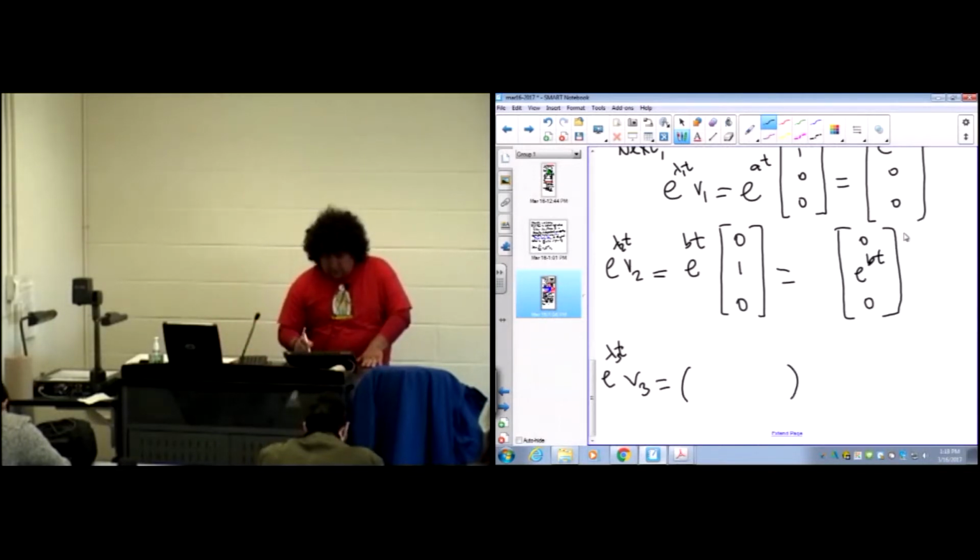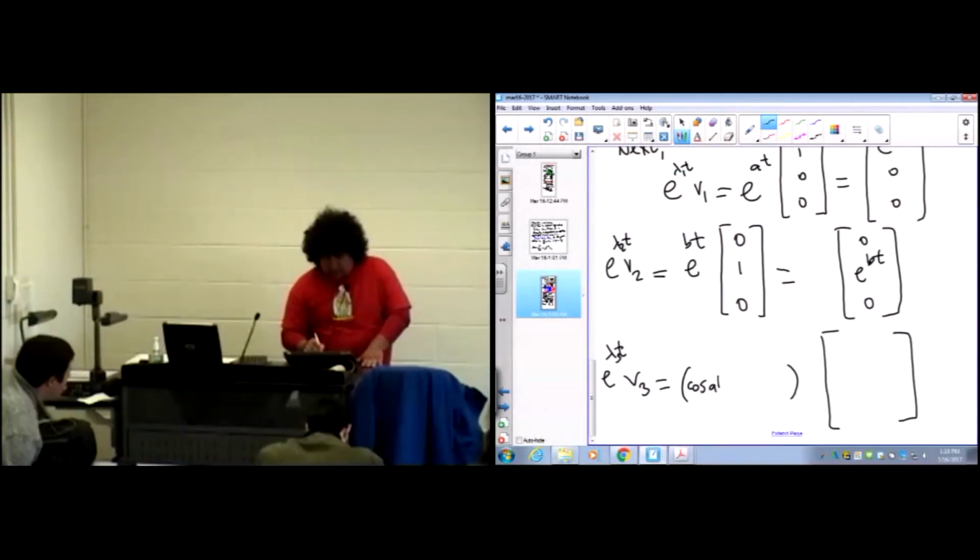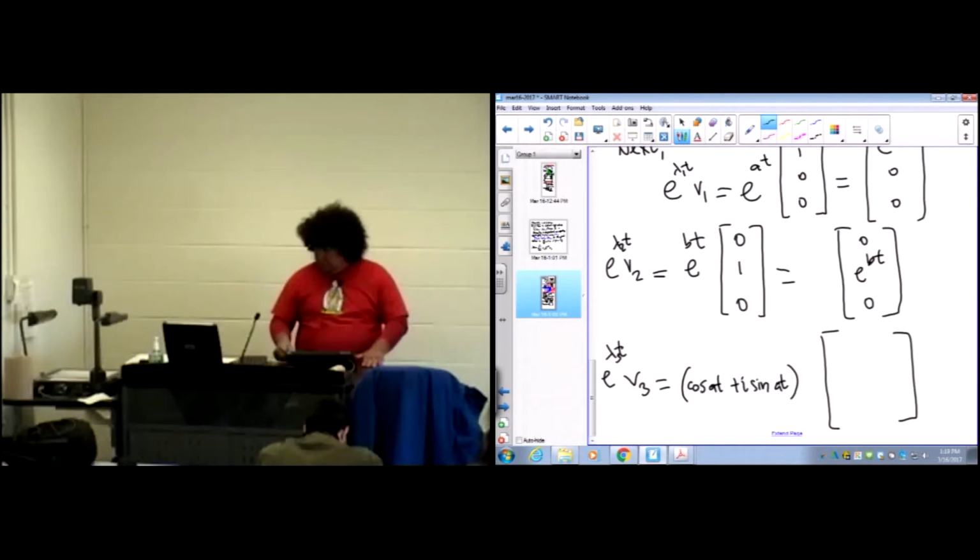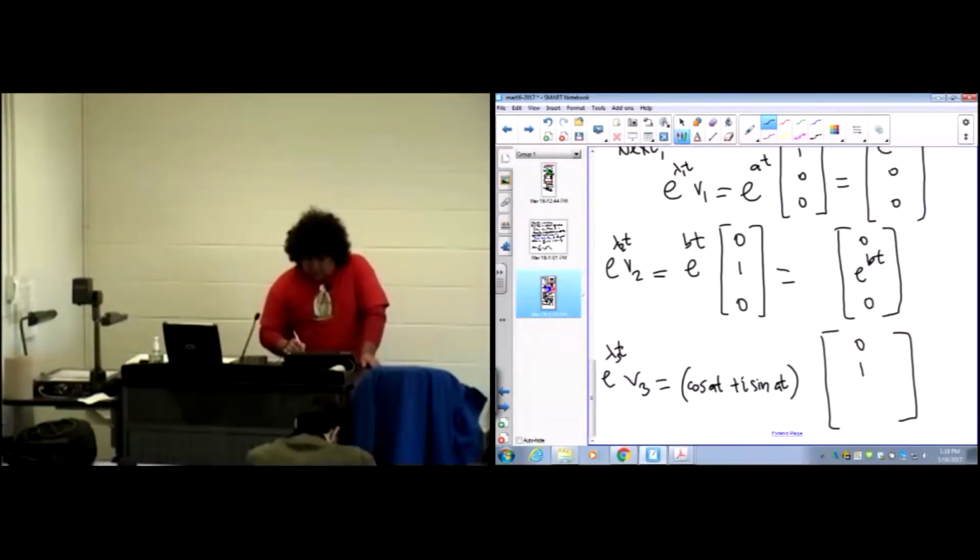So this is a scalar. It has non-zero real part, non-zero imaginary part, but it's a scalar. That scalar is multiplying each of the entries of this vector. So the first entry is 0. The second entry, multiplying that by 1, is precisely cosine of at plus i sine of at.